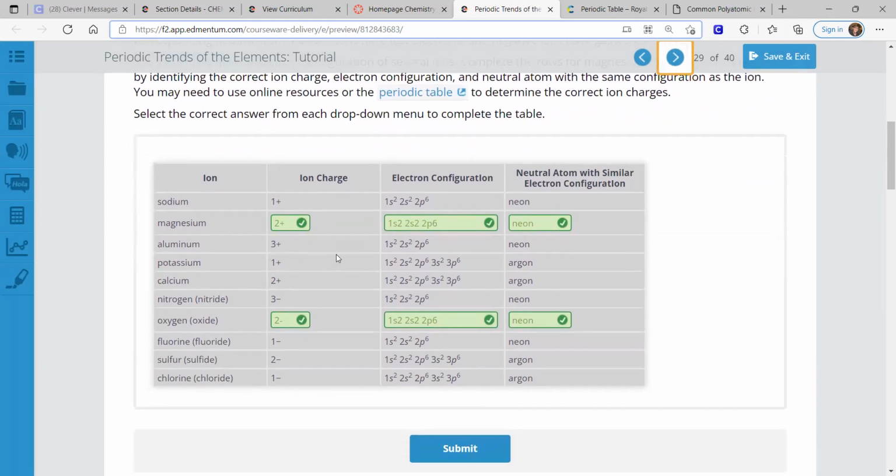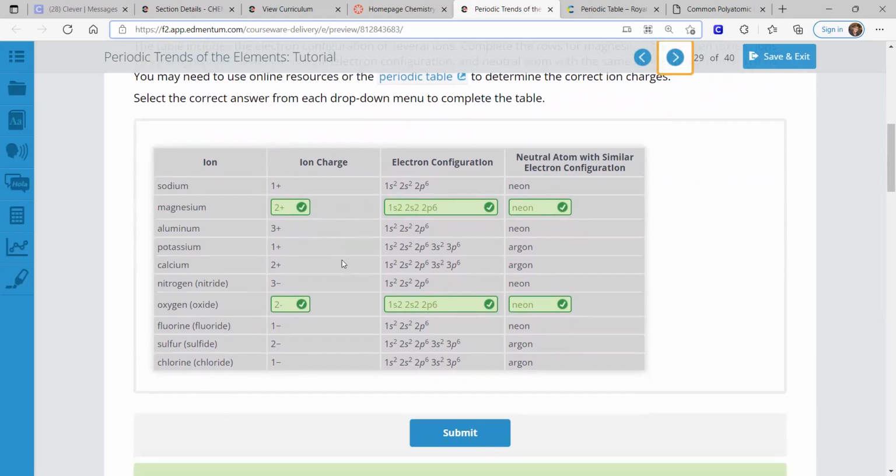Magnesium, +2 ion charge, trying to be like neon as well. Oxygen, -2 charge, so it's trying to gain electrons to become like neon. Metals want to lose electrons because they're so reactive, they just want to lose 1 or 2.